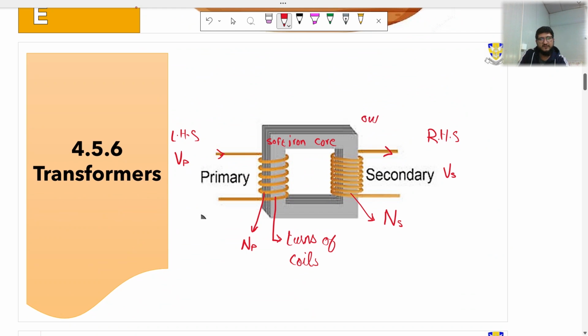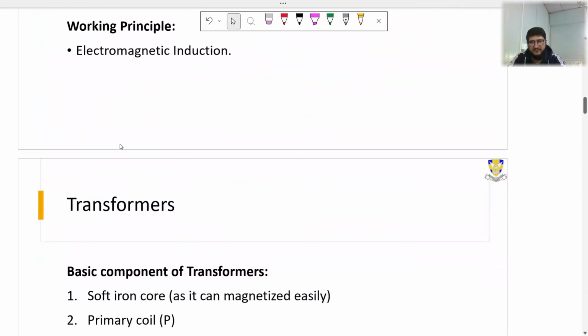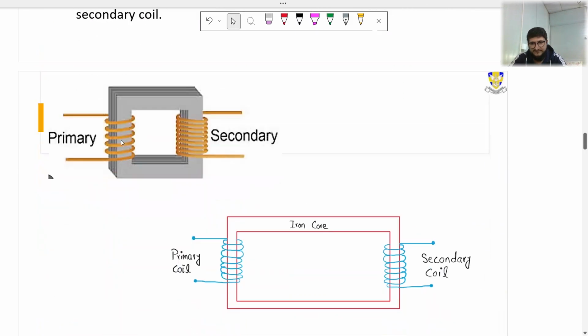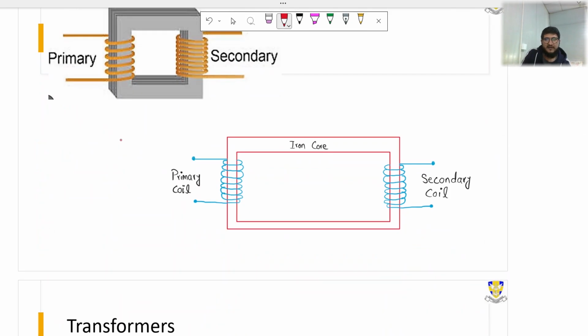The input portion is called the primary coil, and the output portion is called the secondary coil. This is again a diagram, and in a paper, whenever they ask you about the transformer, you have to make this diagram.